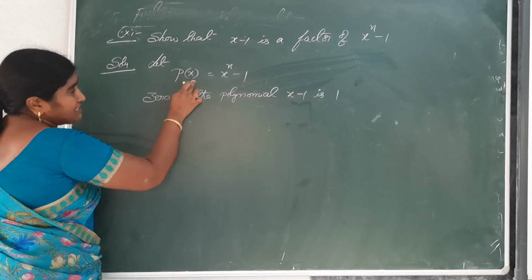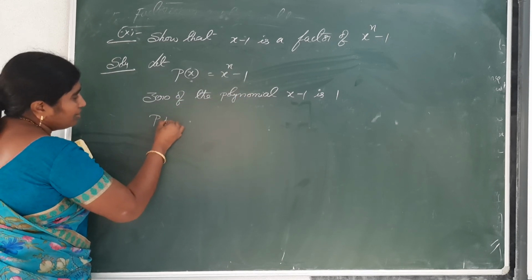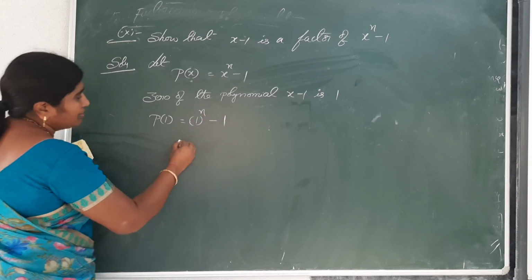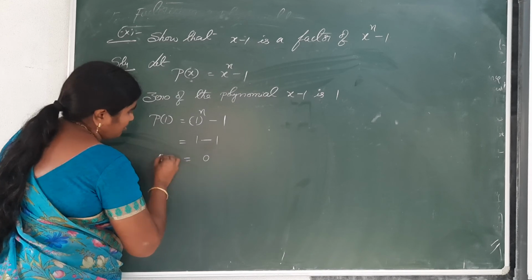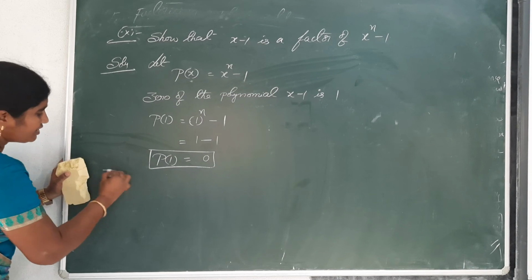Replace x by 1. P of 1 equal to 1 power n minus 1. 1 power n value is 1, so 1 minus 1 equal to 0. P of 1 equal to 0.